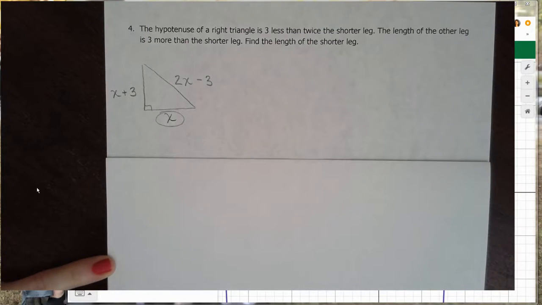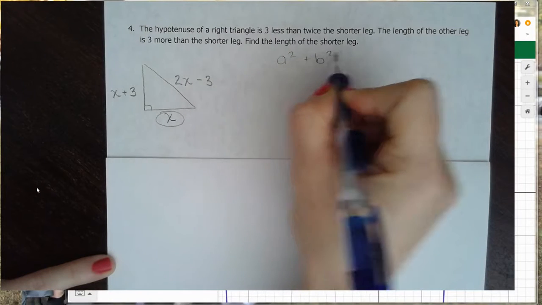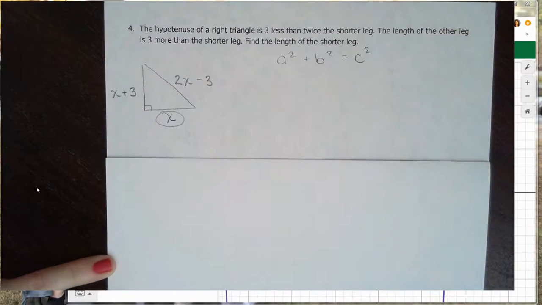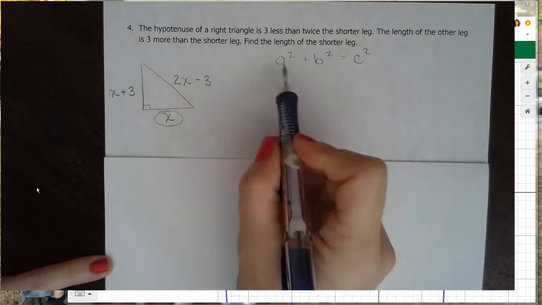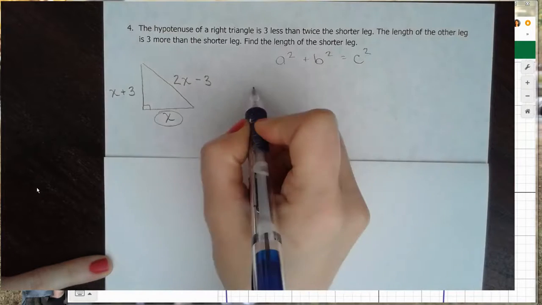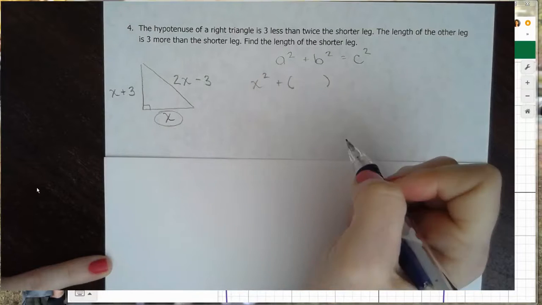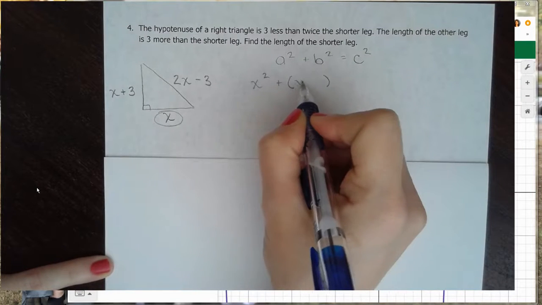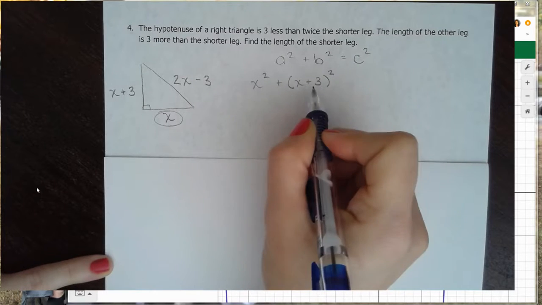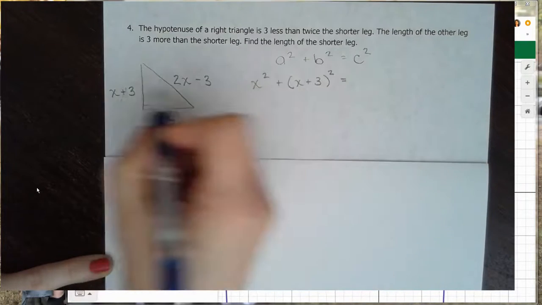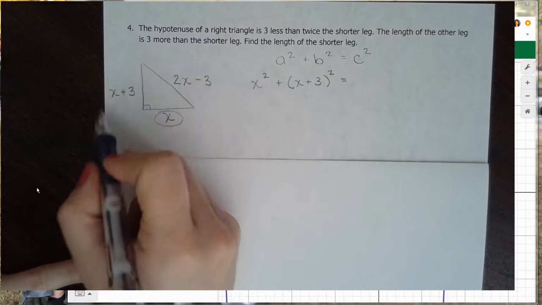Now, because we're dealing with a right triangle, we get to go hang out with my old friend Pythagoras. So it doesn't matter which one I choose as A and B. I'm going to have x squared plus, now we have to be extremely careful and use parentheses because I am squaring this entire side, not just x or 3, but the entire quantity.